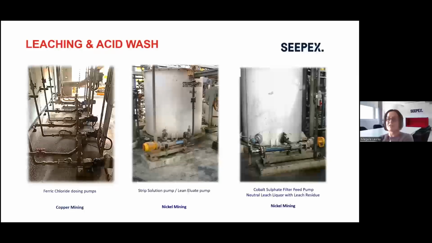On the cobalt sulfate filter feed pump, again we have some leach residue, so again an example where we have abrasion and corrosion. What we need is to take advantage of the functioning principle of the progressive cavity pump and just select the right material of construction.